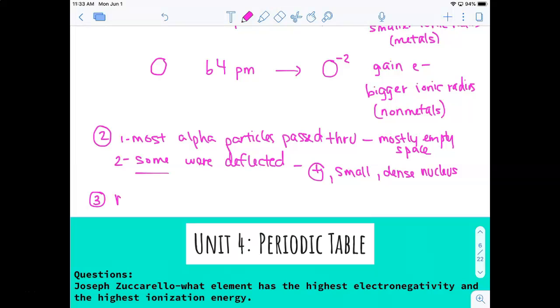So let's write that down. Ground state is 2-8-2. That means that magnesium has 3 shells around its nucleus, 3 rings around it. There are 2 electrons in the first shell, 8 in the second shell, and 2 in the third shell. Whatever the periodic table says is the ground state.